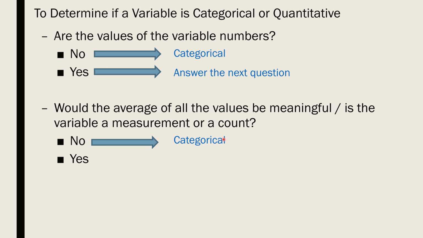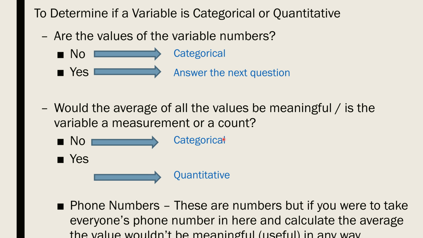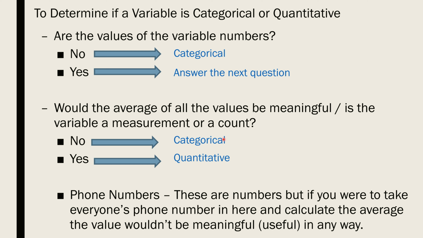If the answer is no, then it is a categorical variable. If the answer is yes, then it is a quantitative variable. Phone numbers are numbers. But if you were to take everyone's phone number in the classroom and calculate the average, the value won't be meaningful. So phone numbers are a categorical variable.